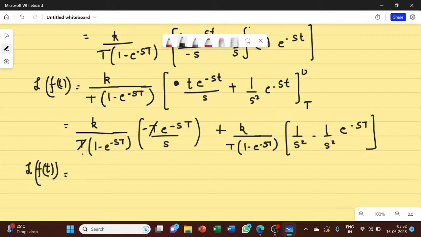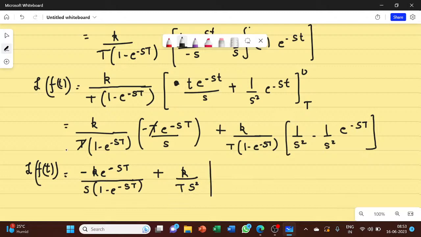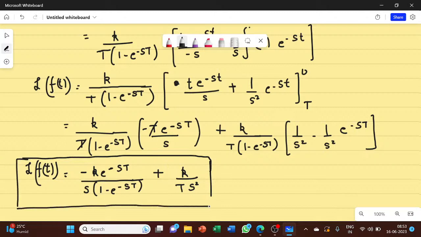So I'll get an answer as minus k e to the power minus sT divided by s, 1 minus e to the power minus sT, plus this, where the 1 minus e to the power minus sT would get cancelled. This is k upon T s square. So this is how you write your Laplace transform.